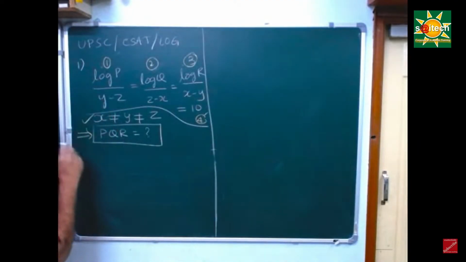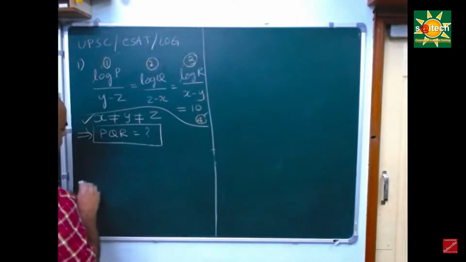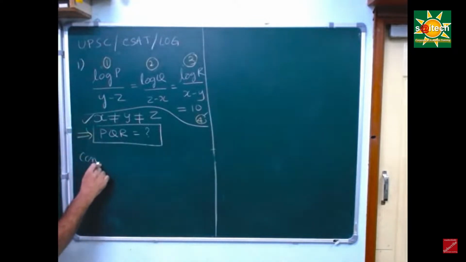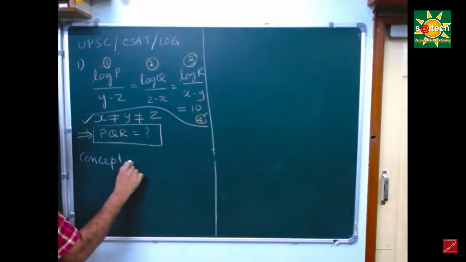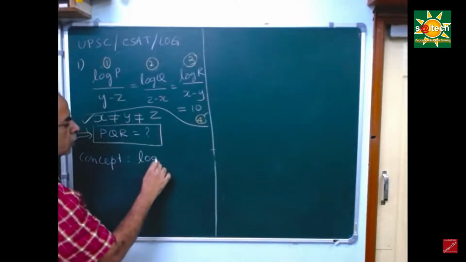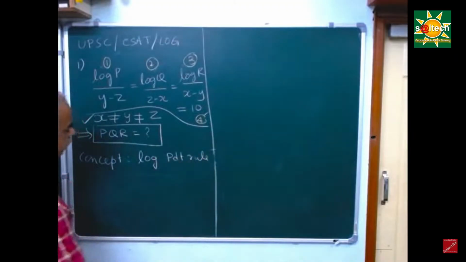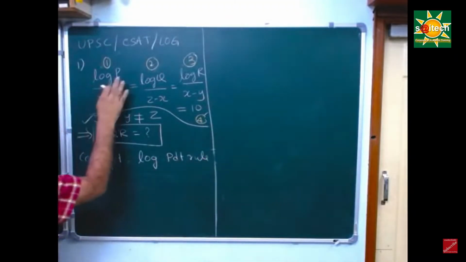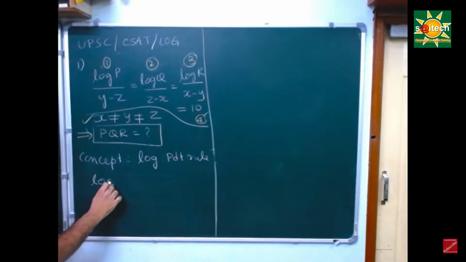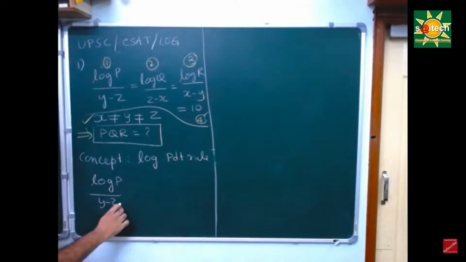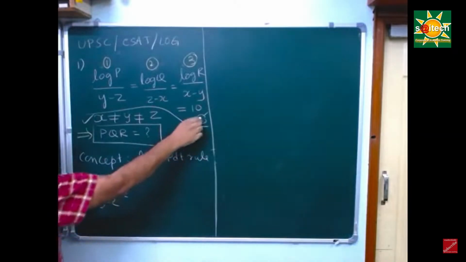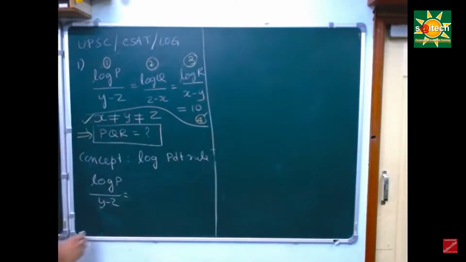Now log P. So here we can apply the product rule. So the concept, take down the concept, logarithmic product rule. This is the concept. Now let us apply to log P. Let us take the first term, log P divided by Y minus Z is equal to, let us compare with the fourth term, that is 10.